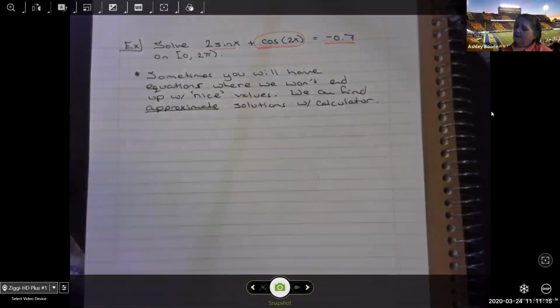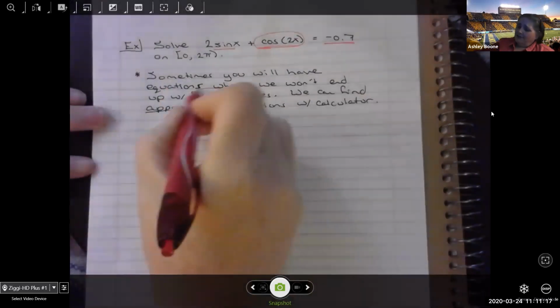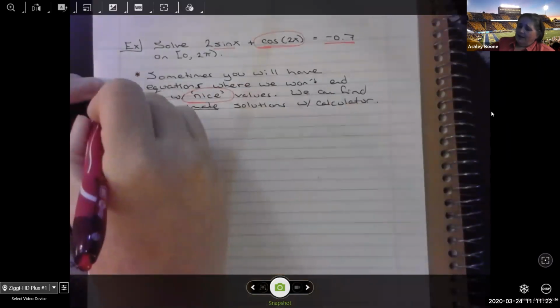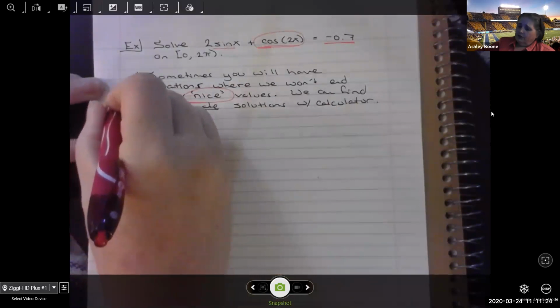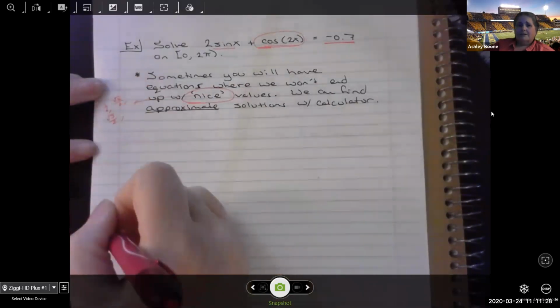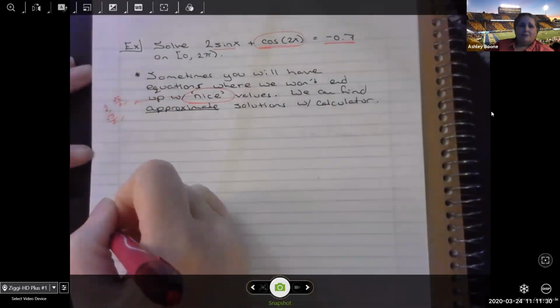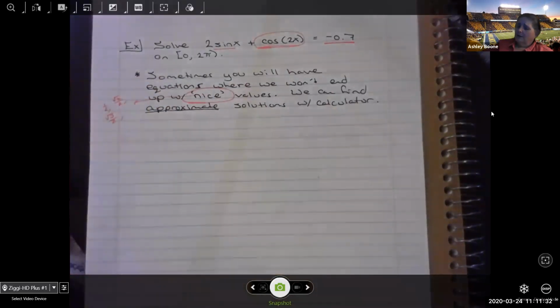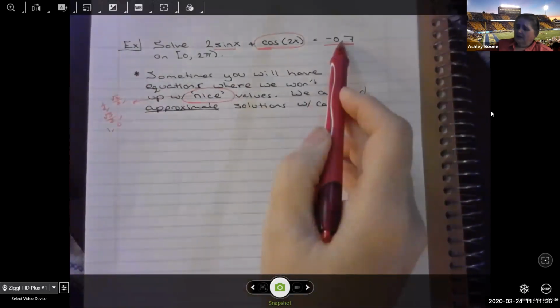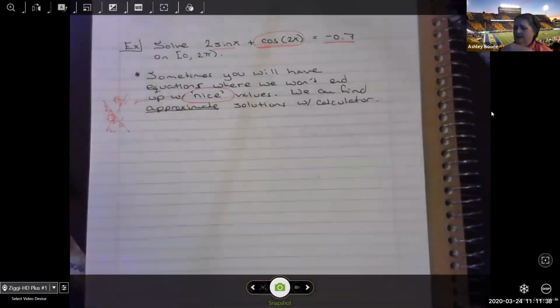Think about the nice values that we find using our unit circle. They involve 1/2, root 2 over 2, root 3 over 2. Those are all nice values, along with ones and zeros. With a negative 0.7, it's kind of unlikely that we're going to end up with those.